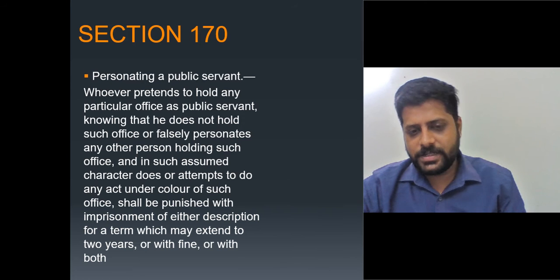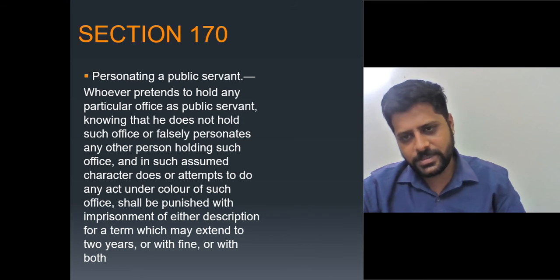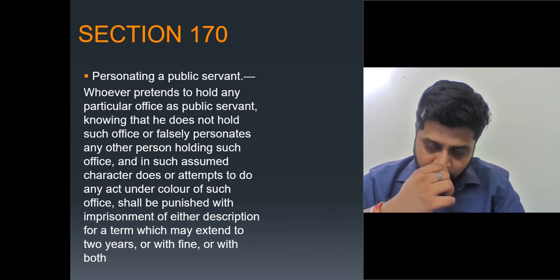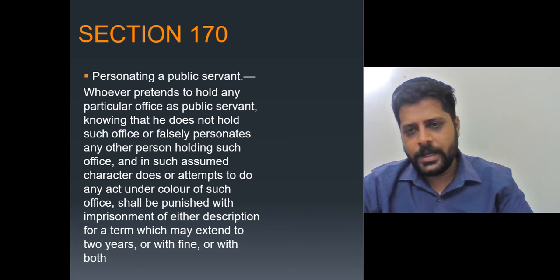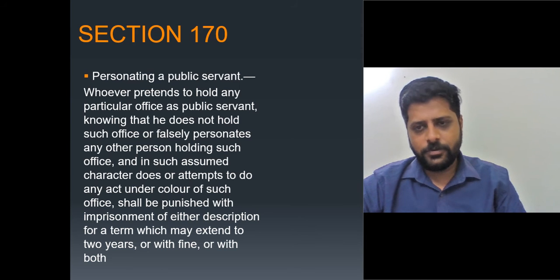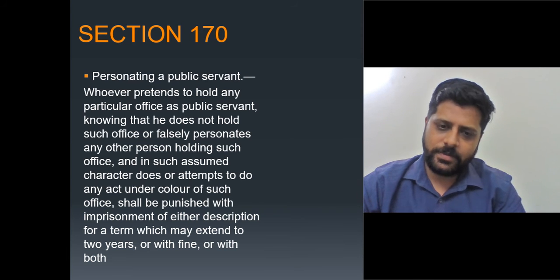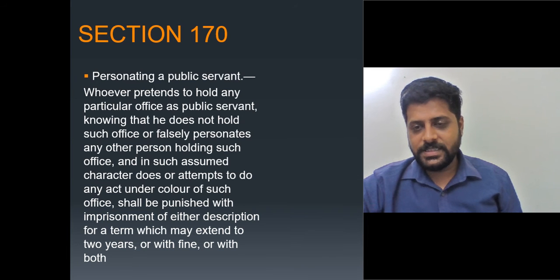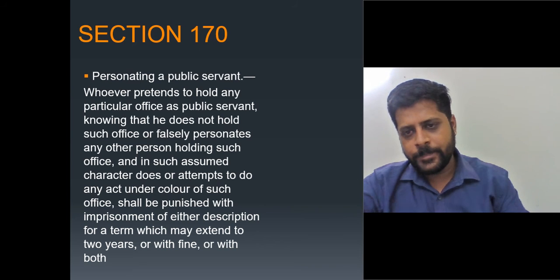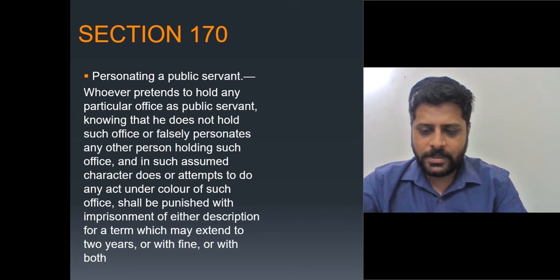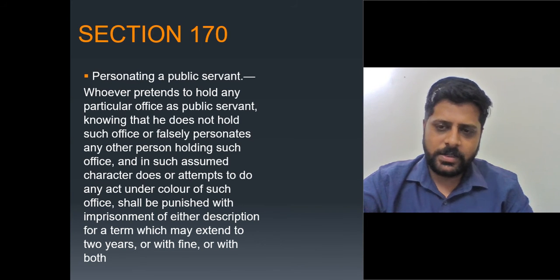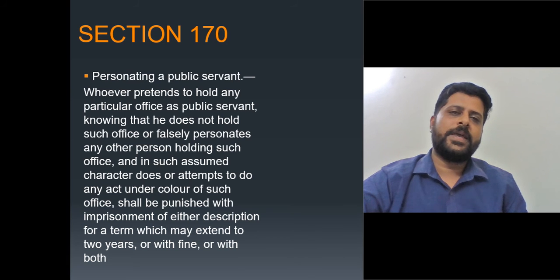Again, its definition has been mentioned under section 22 in the general explanation. And from section 166 to section 170, there are provisions which talk about the offenses relating to public servants. Section 166 talks about the offenses in which a person who is a public servant disobeys the authorities or the law, and knowingly causes injury to a person, then he will be charged under section 166.